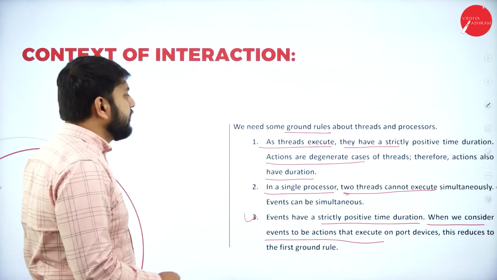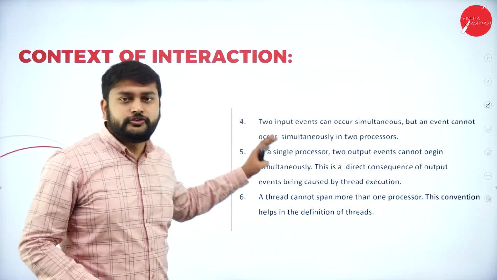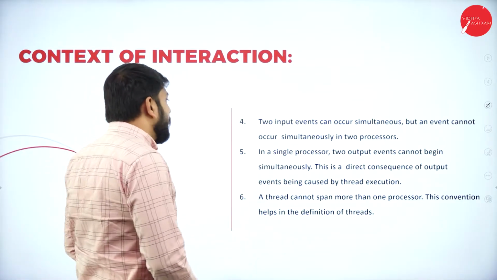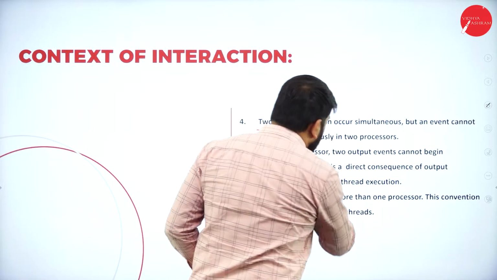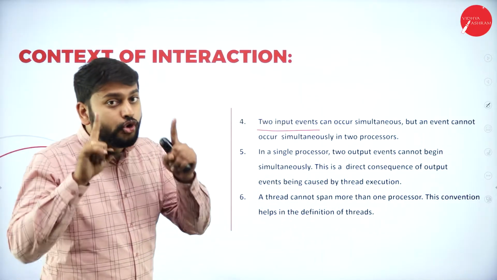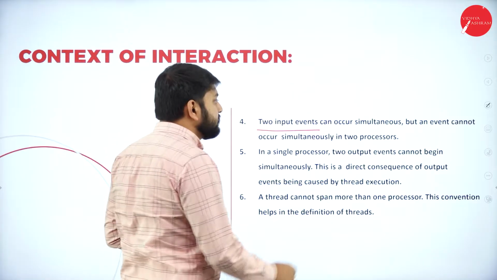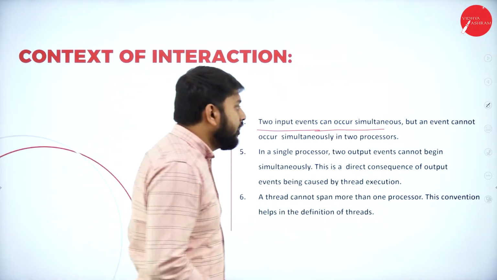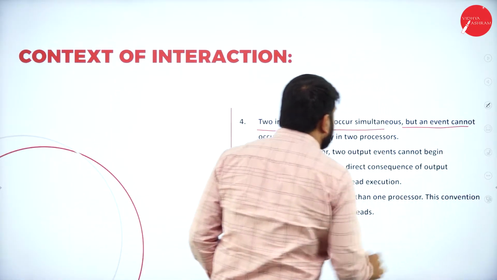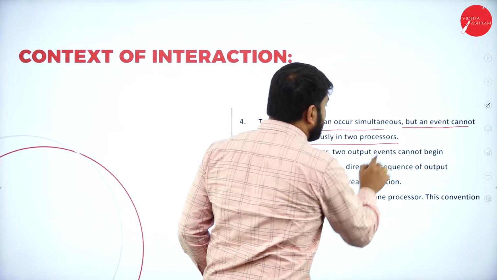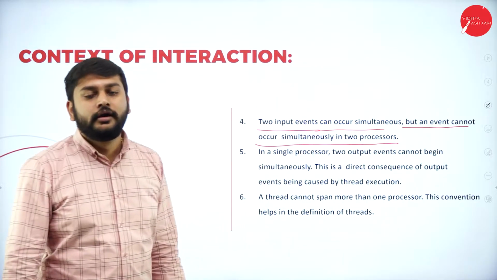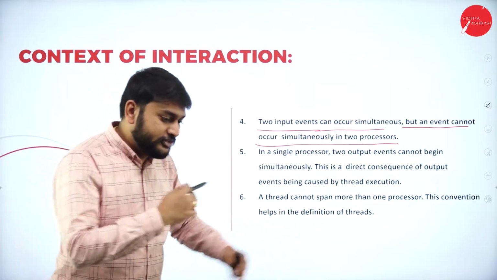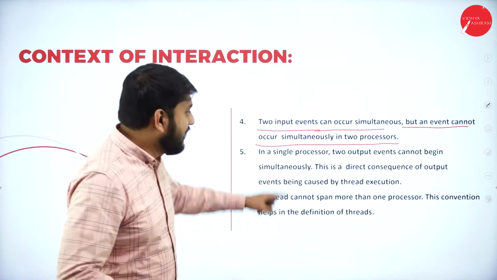Moving forward to the next three, what I have. Observe carefully now. The fourth one that I have is two input events. Please observe, two input events occur simultaneously. So two bikes are coming, okay? But an event cannot occur simultaneously in two processors. What is the meaning of it? The reverse way. What exactly are they trying to say?